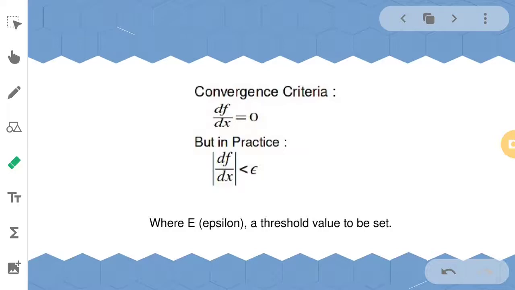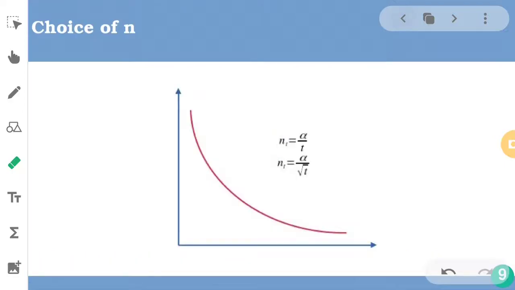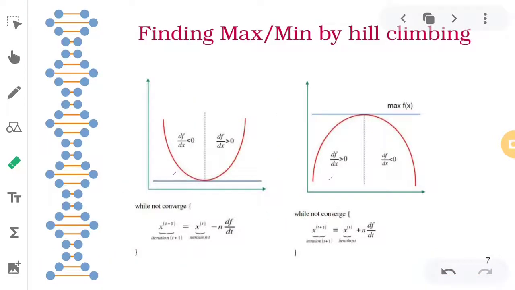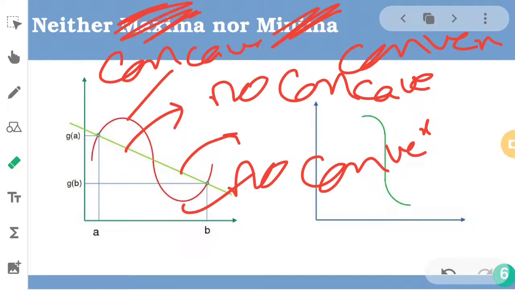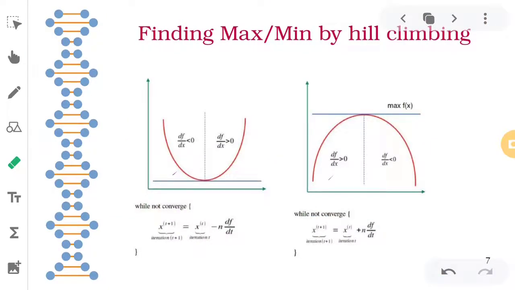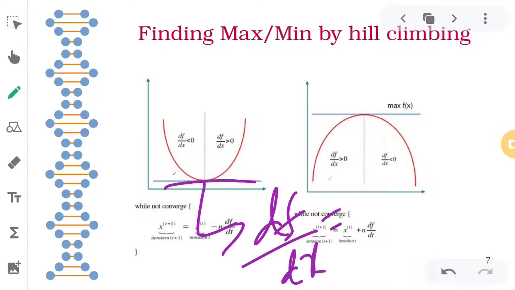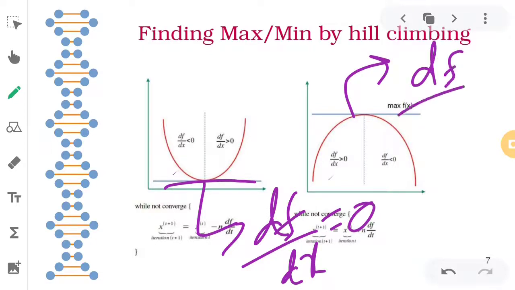Convergence criteria is df by dx equal to 0, because at minima or maxima, if it is f(x), then at minima df by dx equals 0, and at maxima also df by dx equals 0.